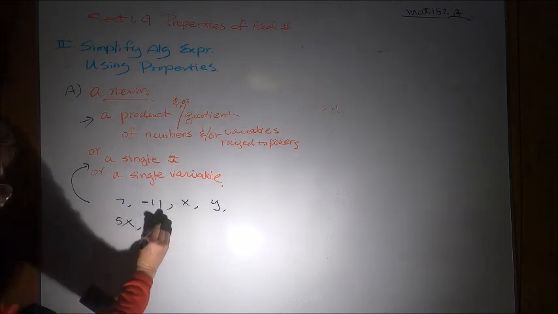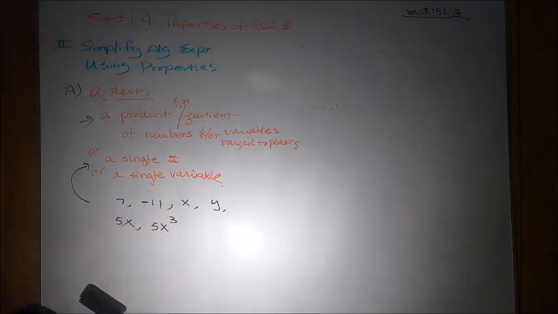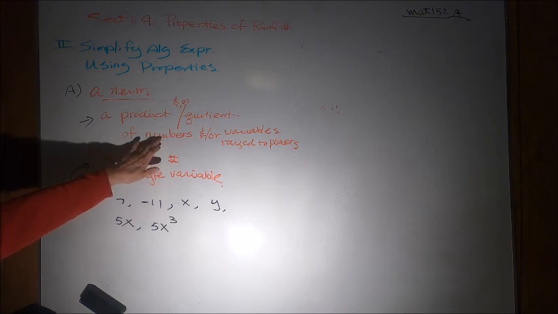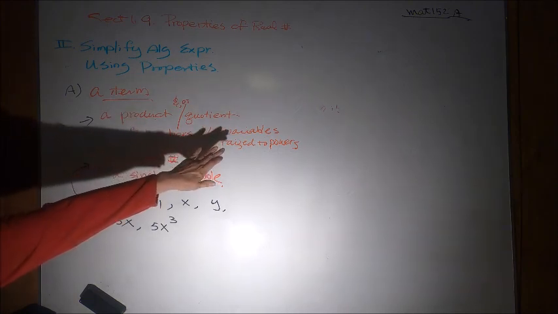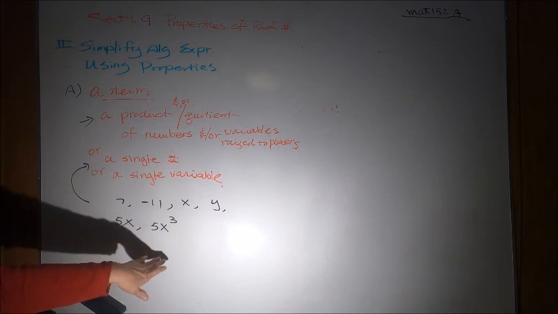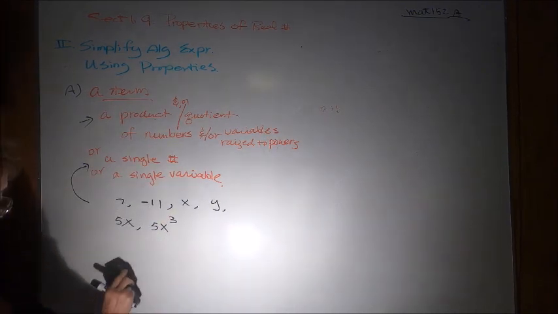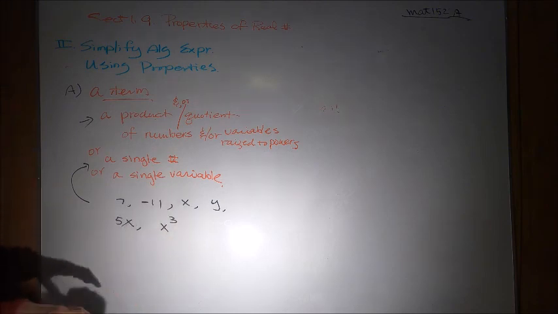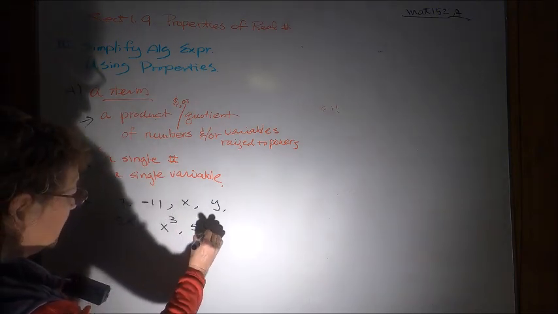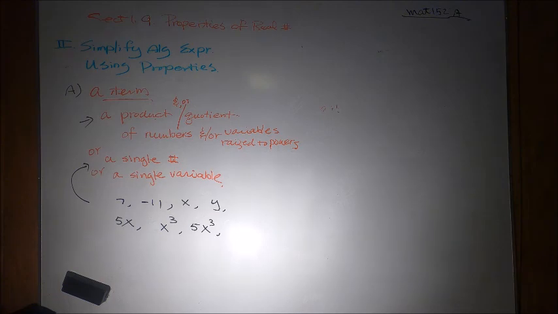So if I have 5x cubed, numbers, right? Product of numbers and or variables raised to a power. Variable raised to a power by itself, it's a term. Or I can multiply by a number, it's a term.